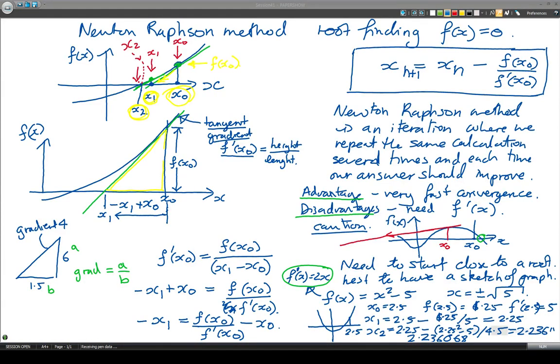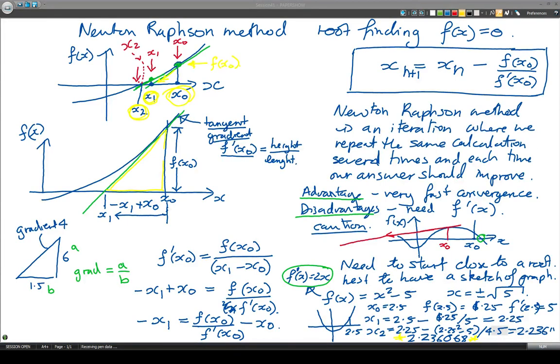And indeed, if we look at what the square root of 5 is, the calculator is saying it is pretty much exactly the same as that. So that number there that we've just calculated in the third iteration is good to about 5 or 6 significant figures.